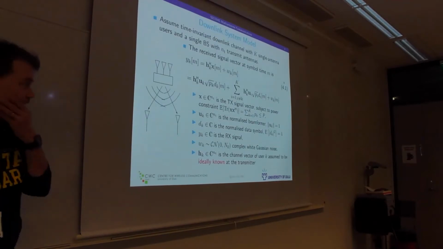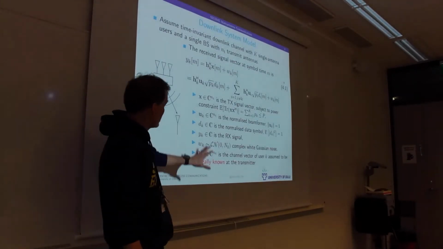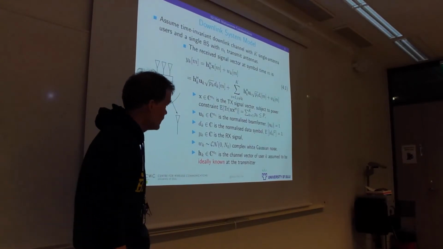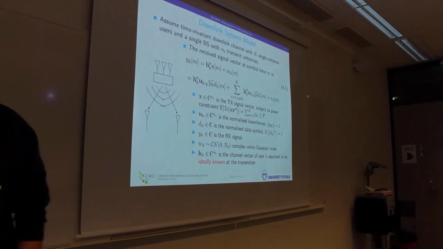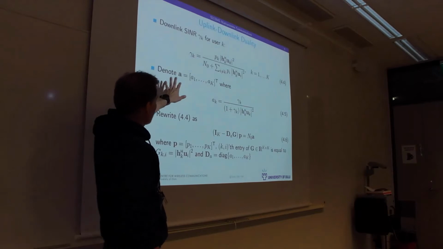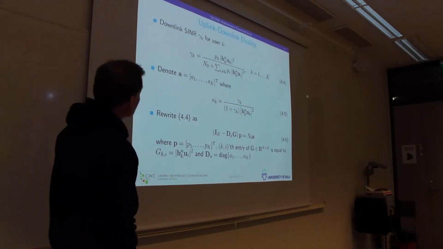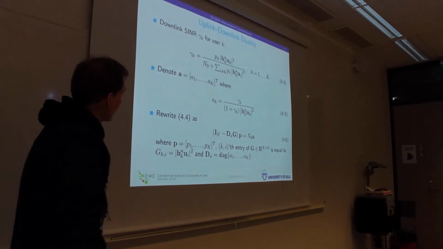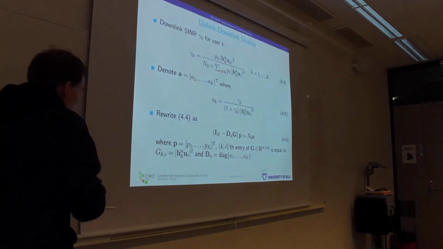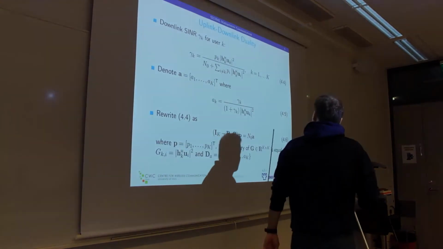All right, so last time we started with this downlink multi-user MIMO system model, and started with the definition of SINR, signal to interference plus noise ratio, and came up with this formula. Now you can see this as a system of equations.